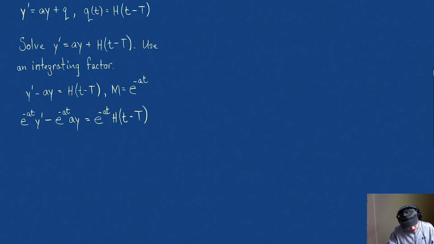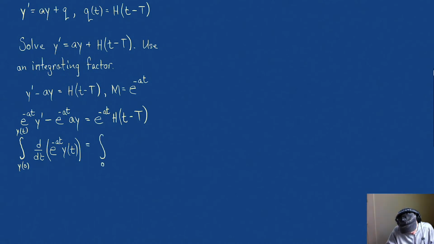Now, on this left side, we know that this can be rewritten as the derivative with respect to t of e to the minus at times y of t. And then we're going to take the integral of this, from wherever our initial point is, y of 0, to some end point y of t. Let's take the integral on the right-hand side as well, from 0 to t.